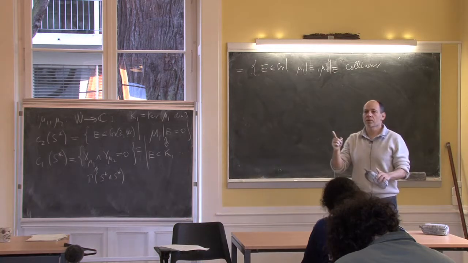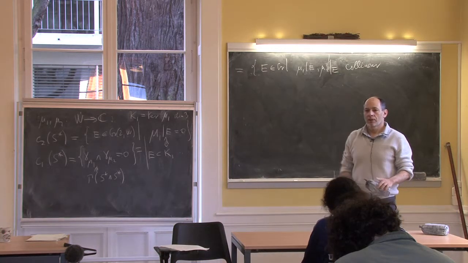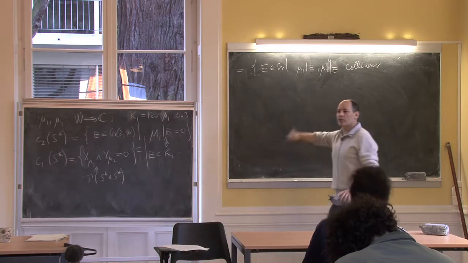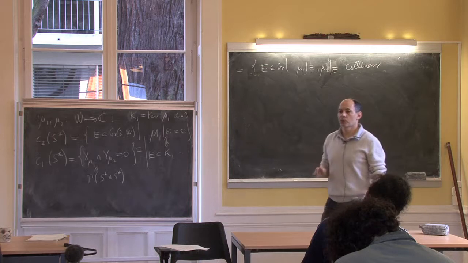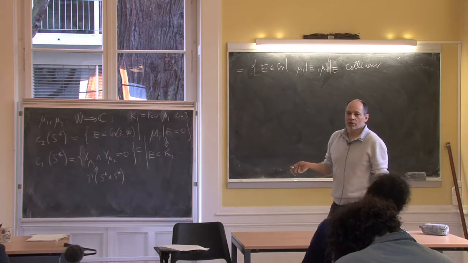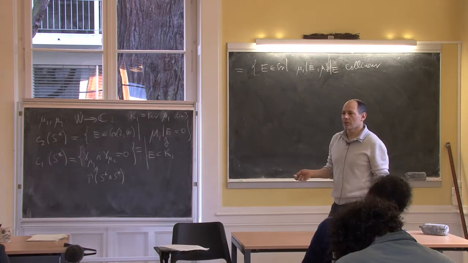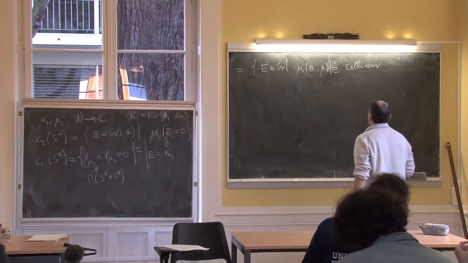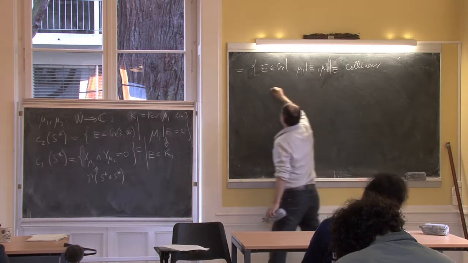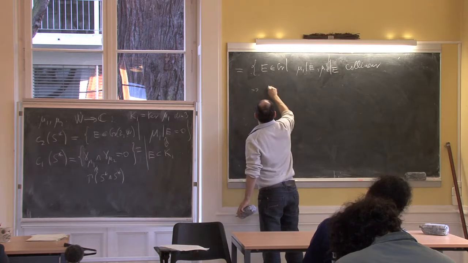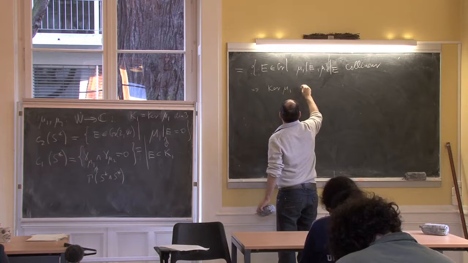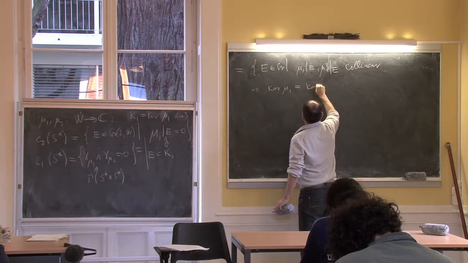What does it mean, collinear? You have a two-dimensional space, like the blackboard, and you have two linear functions on it, and you want them to be collinear. It just means that the kernels should be the same, or at least one should be containing the other. So generically, this simply means that the kernel of mu1 is the same as the kernel of mu2.